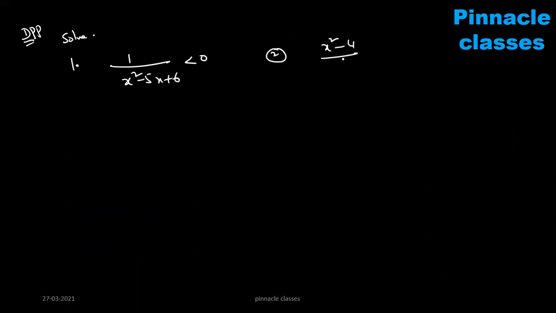So I'm giving some models you can practice yourself. DPP question. Solve: 1 by x square minus 5x plus 6 less than 0. x square minus 4 by x square minus 3 greater than or equal to 0.